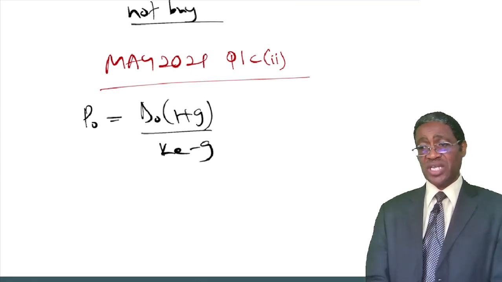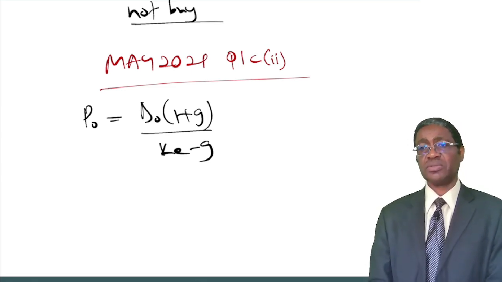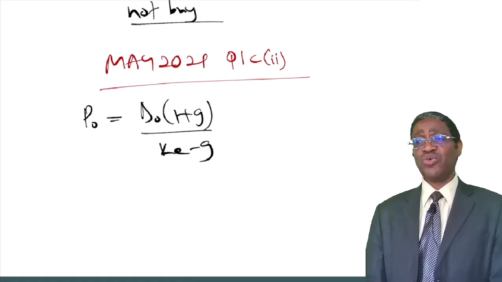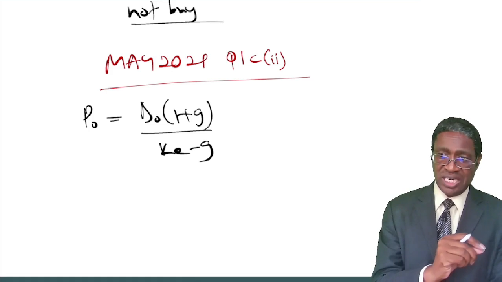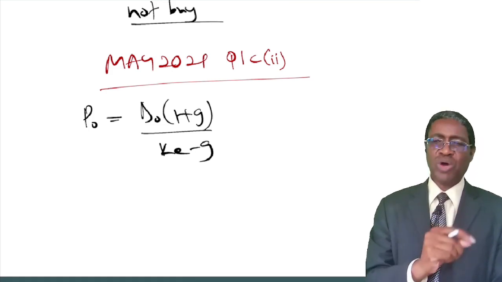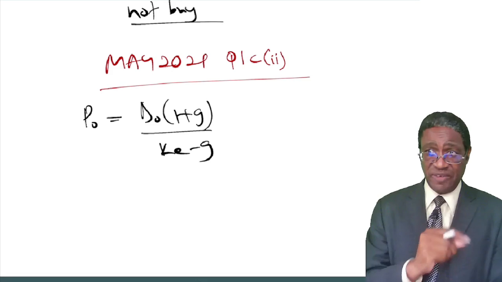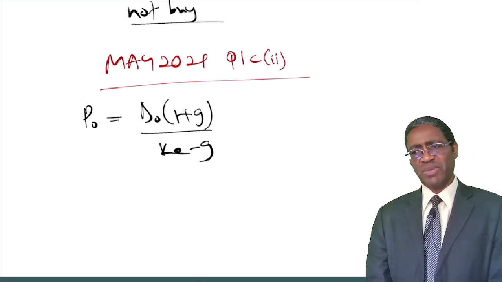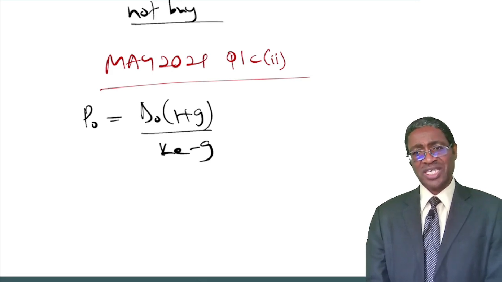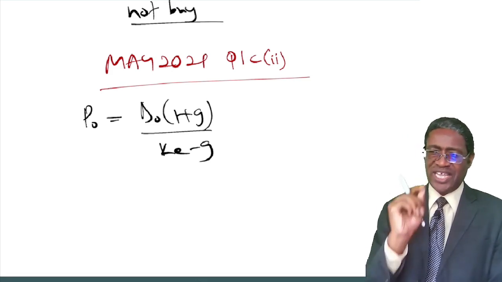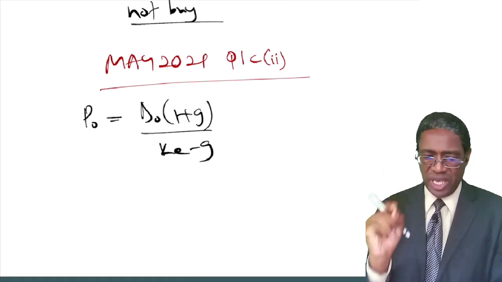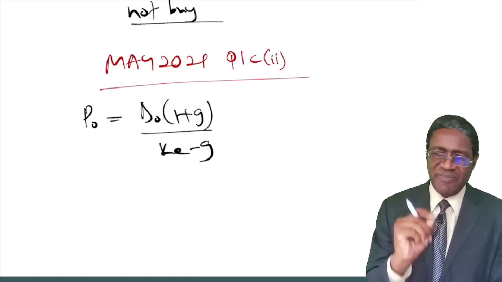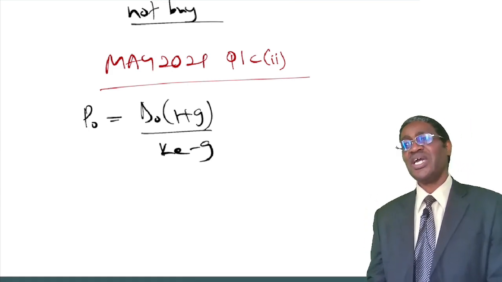Then I want you to listen now. D0, I told you, is the last dividend. Listen carefully. But if you remember us reading this question, they said the company expects to pay a dividend of 5.4 in the next year.